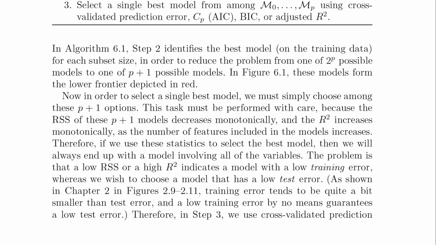The problem is that a low RSS or a high R squared indicates a model with a low training error, whereas we wish to choose a model that has a low test error, right?